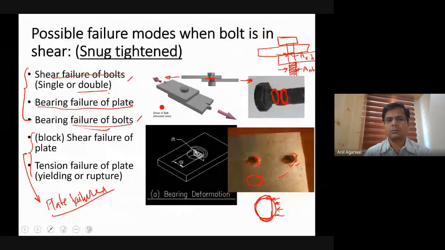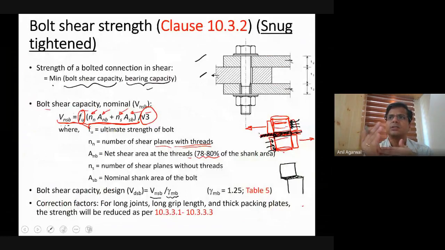But even within that limit, when the bolts are a little too far apart or there are too many bolts, that will be called a long joint, and some correction factors are given in these clauses, 10.3.3.1, 10.3.3.3.